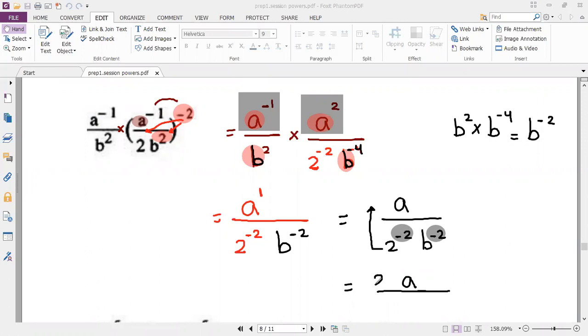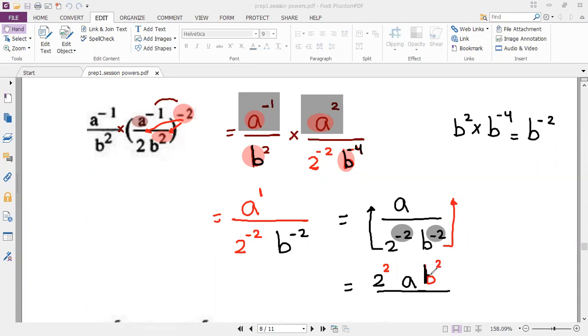So we are going to write it as 2 to the power of 2. What about b to the power of negative 2? b to the power of negative 2 is written at the bottom. I want to write it with the positive power, so move it up. It will be b to the power of 2.